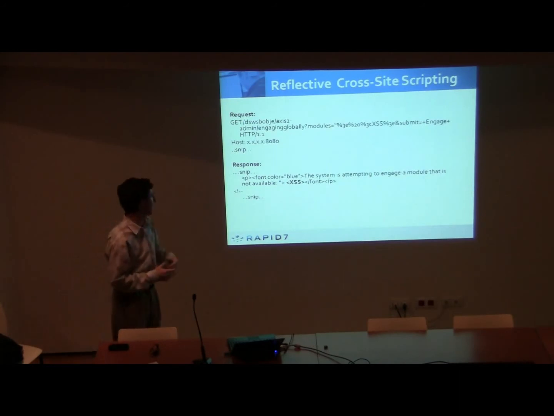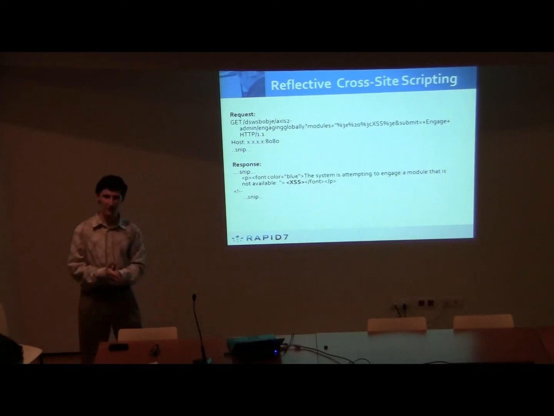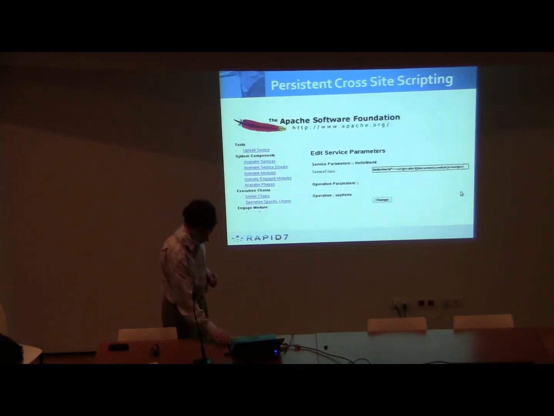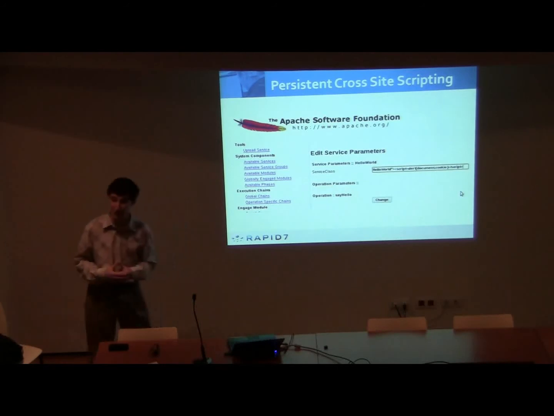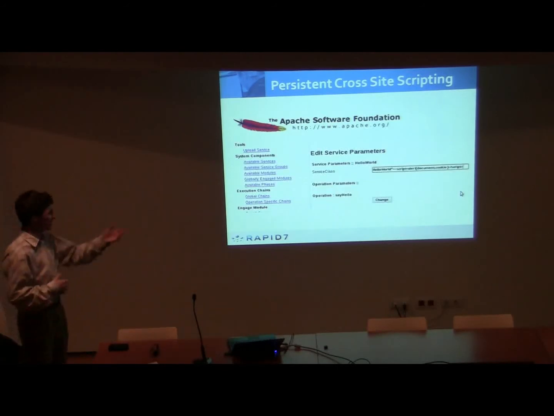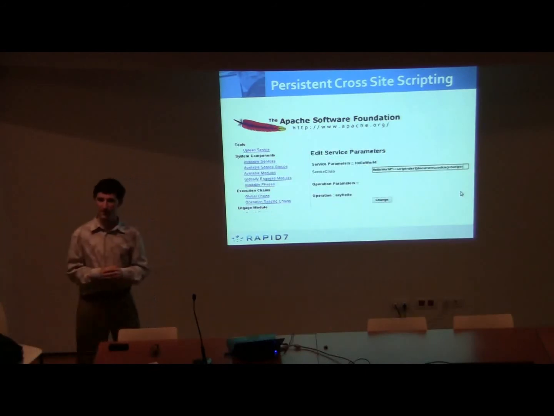What you would do here is modify the input to transmit the session identifier back to the attacker, log into the application as them, and then perform another attack. We also found that it was susceptible to persistent cross-site scripting, which is a little bit worse, but when we talk about implications, we'll get into that a little bit.